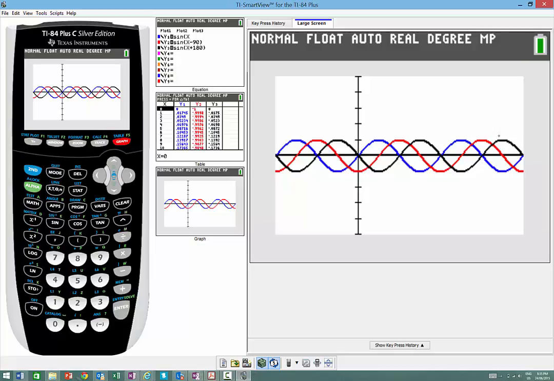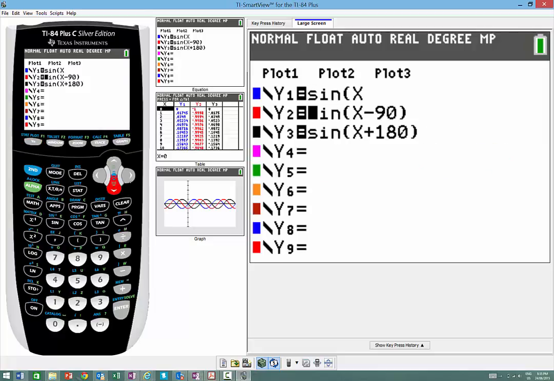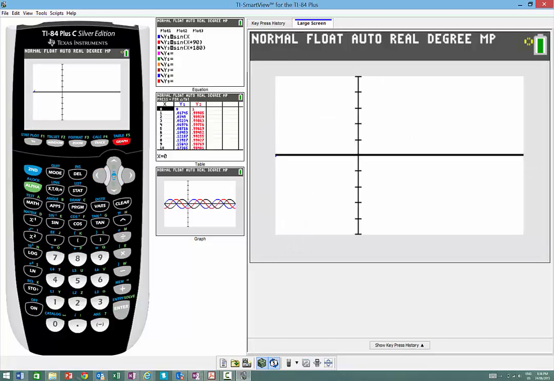So our C value moves our graph to the right when I'm taking away. I'll just clear those two graphs and see what happens if I do a plus. Let's do this one here, make that a plus. If you don't want to delete it, all you have to do is press enter and it's no longer highlighted and it won't graph it.